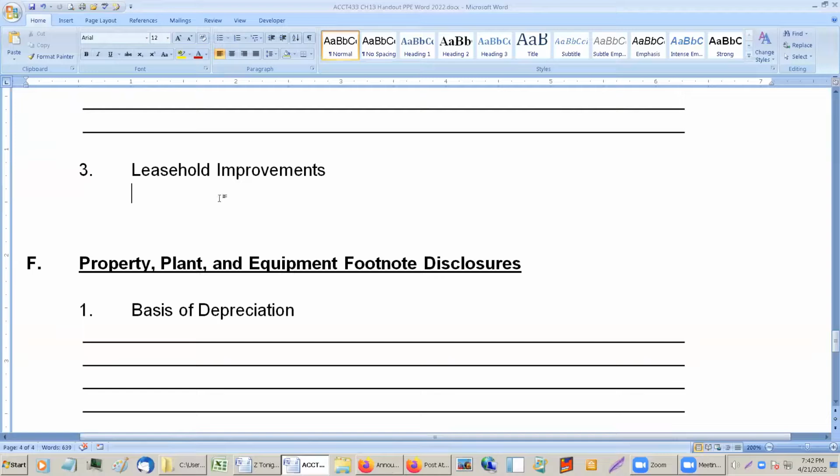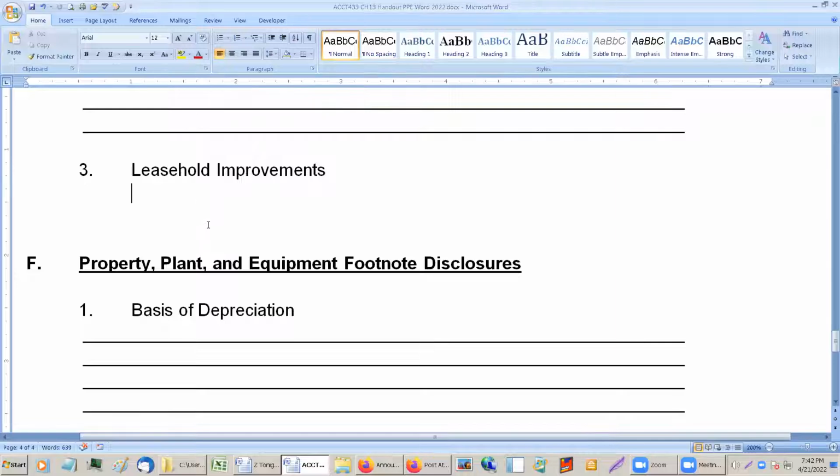And that's why, as auditors, the new rule really affects us, because now we have to check the lease, unless they have an ironclad lease that they can extend.